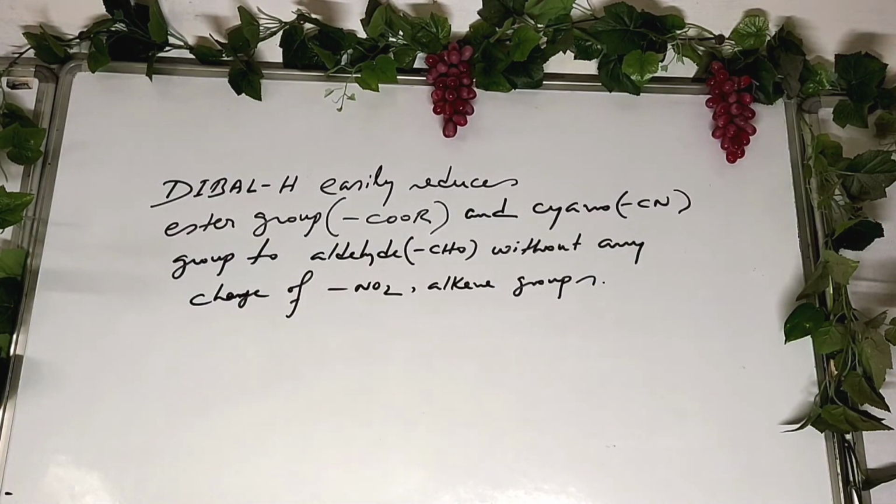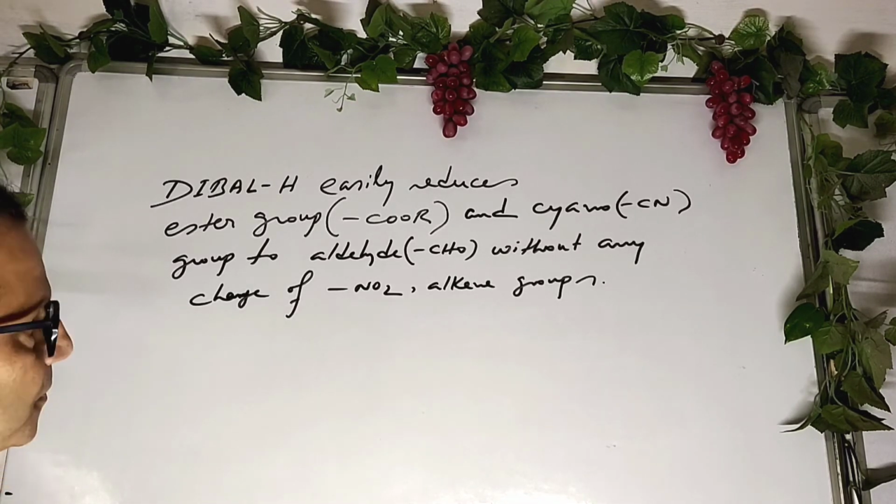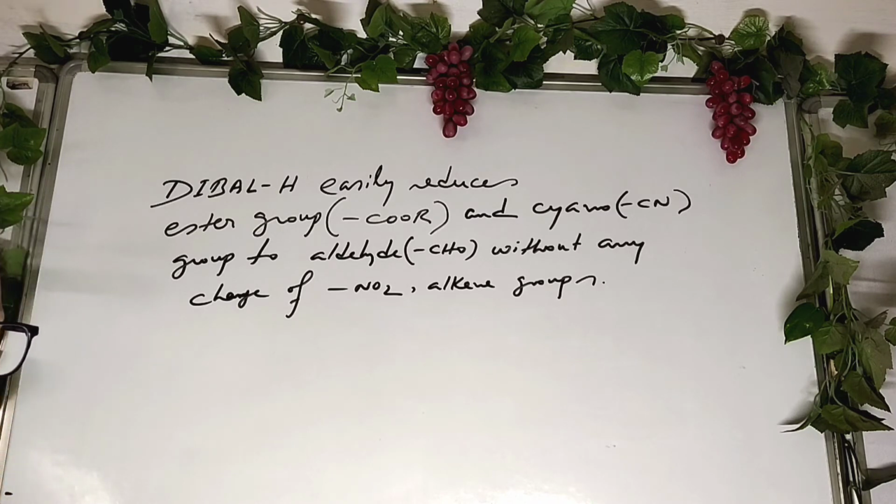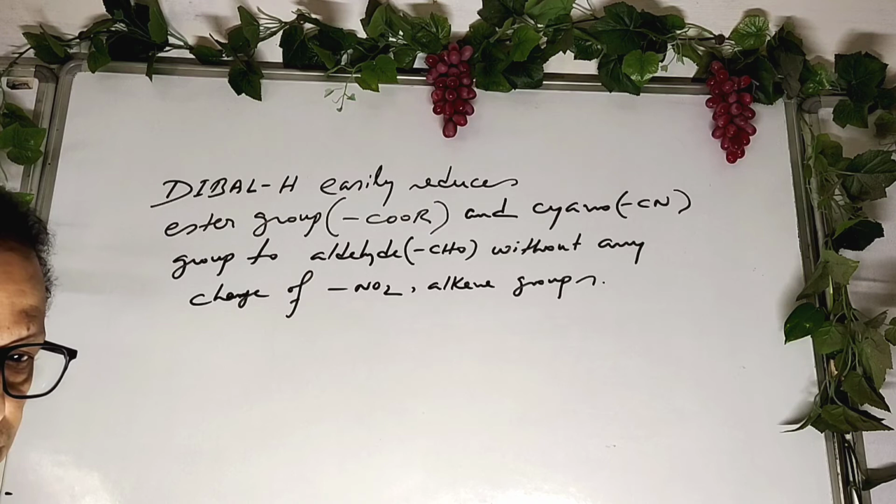So, DIBAL-H easily reduces ester group and cyano group to aldehyde without reducing nitro group or alkene double bond if they are present in the compound.